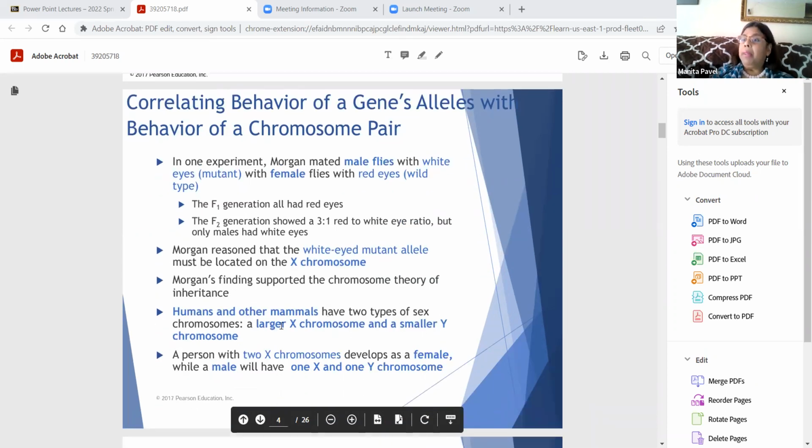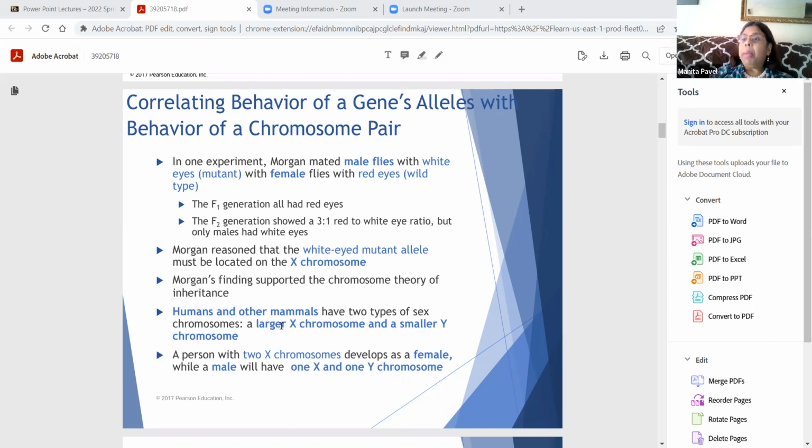If you look at the chromosomes of humans and other mammals, which we learned in our karyotype, we humans have 23 pairs of chromosomes, or 46 chromosomes. 22 pairs of our chromosomes are called autosomes, and we possess only 1 pair of sex chromosomes.